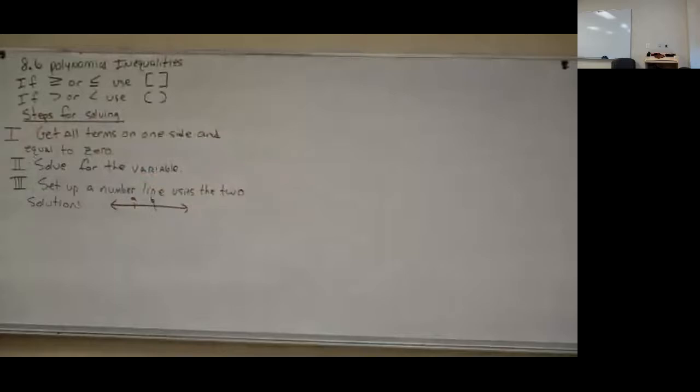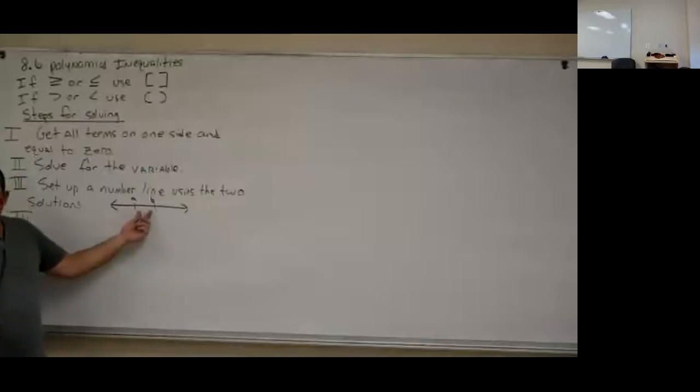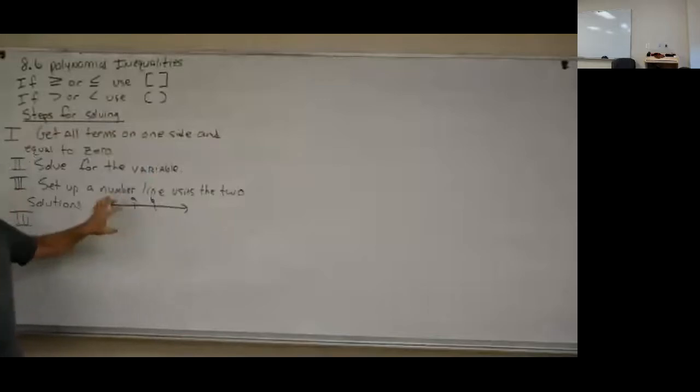So the trick on this, when you set that number line up with those 2 solutions you got, you want to find a test point to test, okay? And what I mean is, I'm going to get either a number in between my 2 solutions or on either side of my solutions. I'm going to test that and see if it's true or false, okay? So choose a test point.